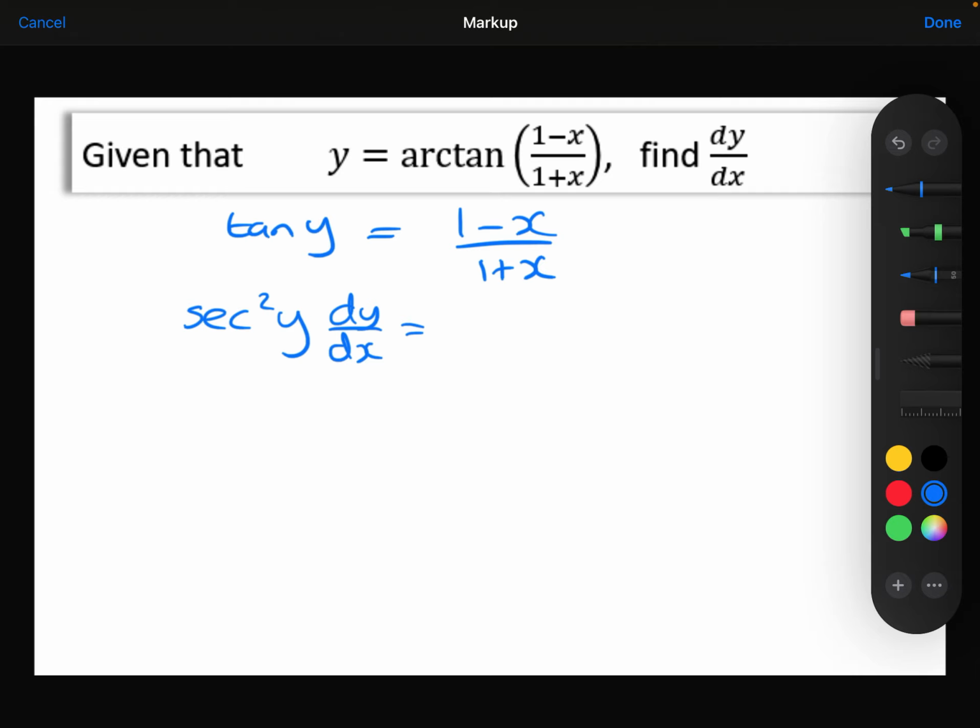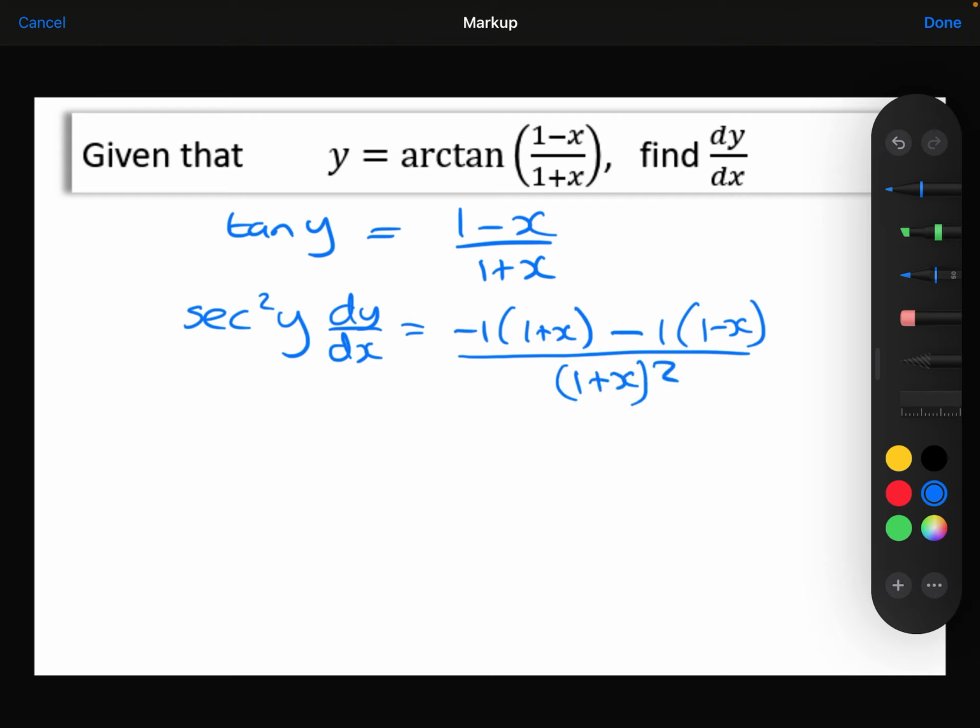Now, on the right-hand side here, I'm going to have to use the quotient rule for this. So I'm going to differentiate the numerator and get minus 1. Multiply it by the denominator. Minus. Differentiate the denominator and get 1. Multiply by the numerator. And that's all going to be divided by the denominator squared.